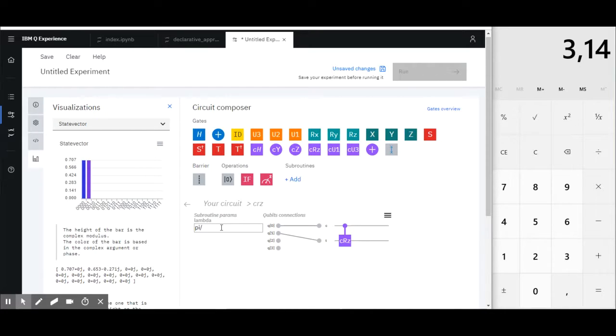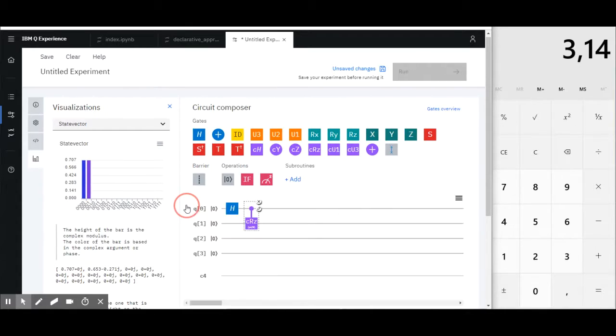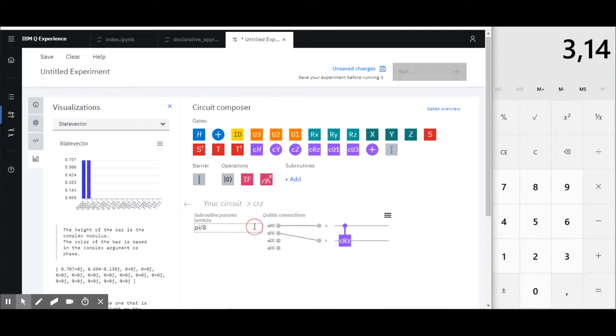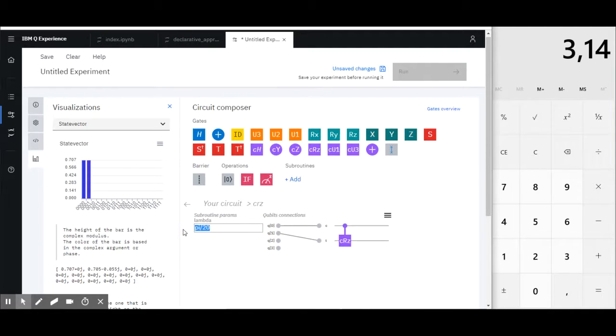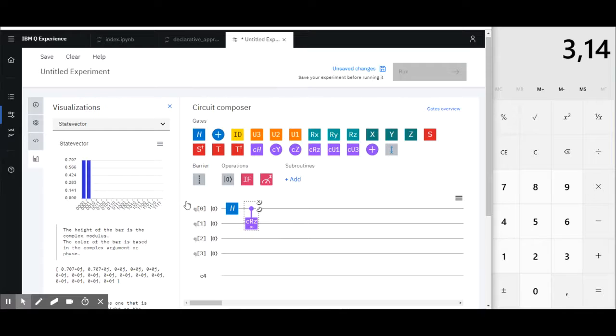Pi divided by 8. It's almost blue. Pi divided by 20. And now it's kind of almost blue, but it's because I've done a really small rotation. What if I do 0? Yeah, now it's blue. So yeah, sure, if you don't rotate, of course.